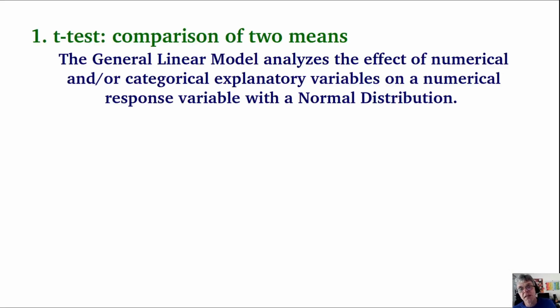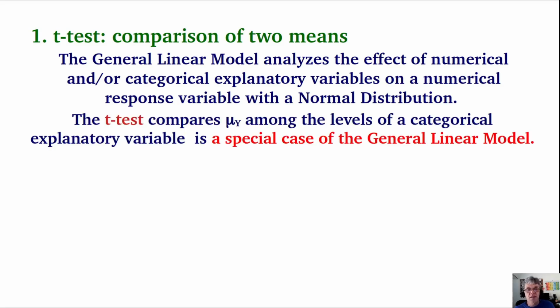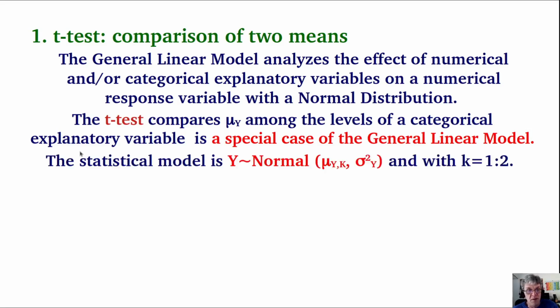So the general linear model analyzes the effect of a numerical or a categorical explanatory variable, or variables if there are many, on a single numerical response variable that has a normal distribution. The t-test is one of these instances that allows comparing the mean of the response variable among the levels of a categorical explanatory variable, and therefore this is a special case of the general linear model.